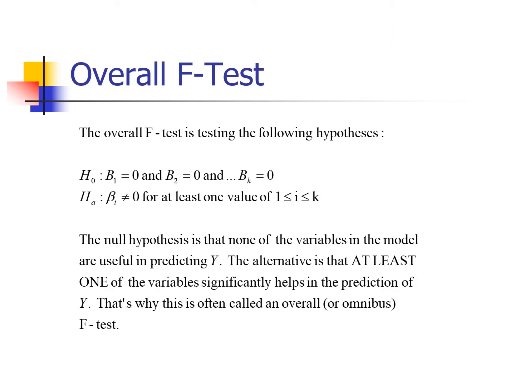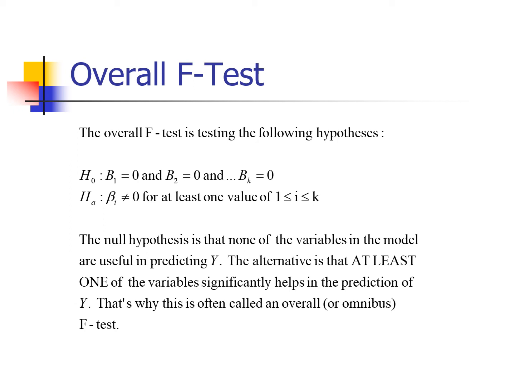This is another part that's a bit different, perhaps the most different part, and that is how we set up the hypotheses that the overall F-test of the ANOVA table is ultimately testing. The overall F-test is testing that beta 1 equals 0 and beta 2 equals 0 and beta k equals 0, that all of the coefficients are equal to 0, which of course would zero out all the x's.